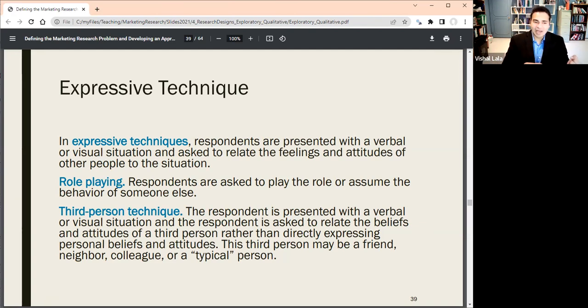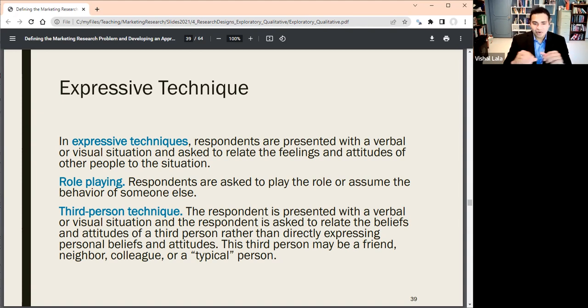As soon as you do that, people will step into the role, even though they've only been given a few minutes to think about it. They'll step into the role and play it out really well. And so role-playing studies involve getting the respondent to act like somebody they're not and respond accordingly.